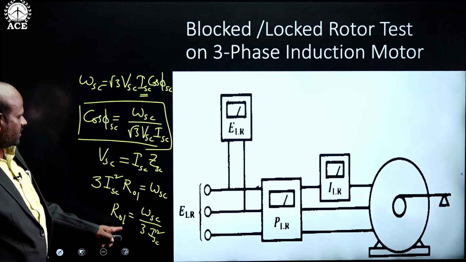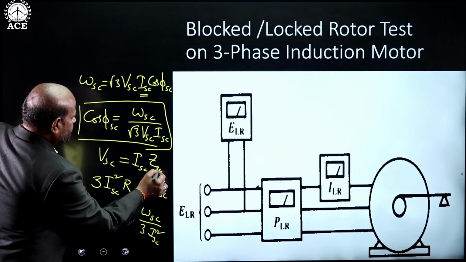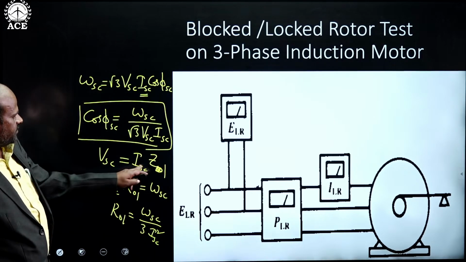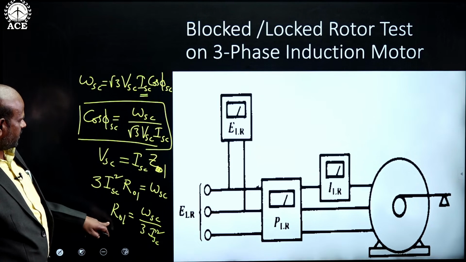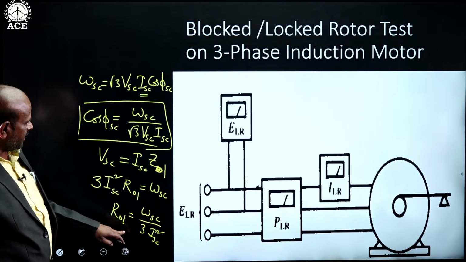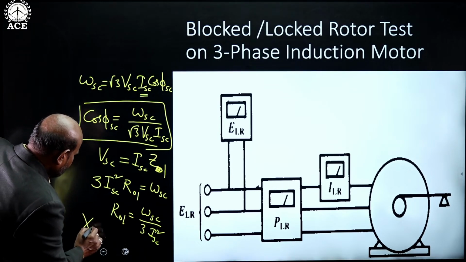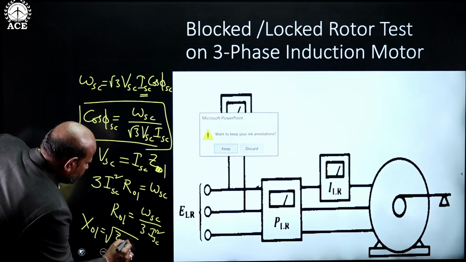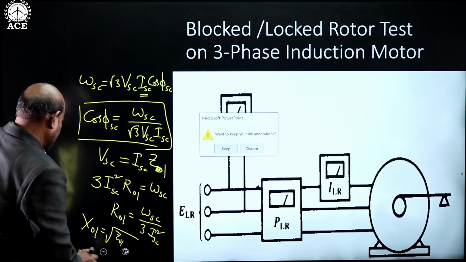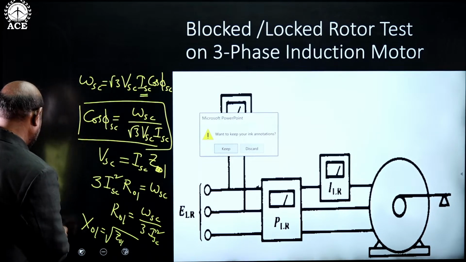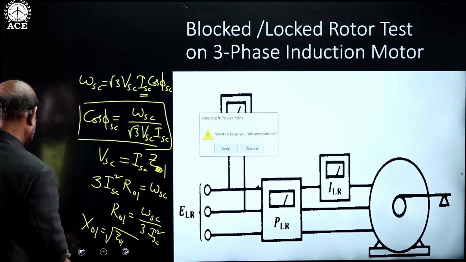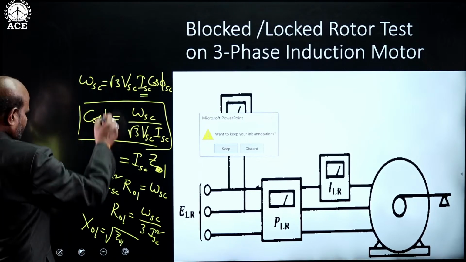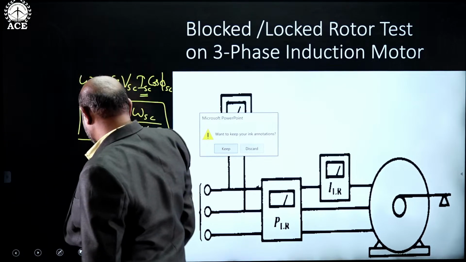You can find out R01, and we know that this ZSC or Z01, we can also write Z01. So from this we can find out Z01, and from this R01, and finally we can find out X01, which is equal to square root of Z01 whole square minus R01 whole square, right here, X01.